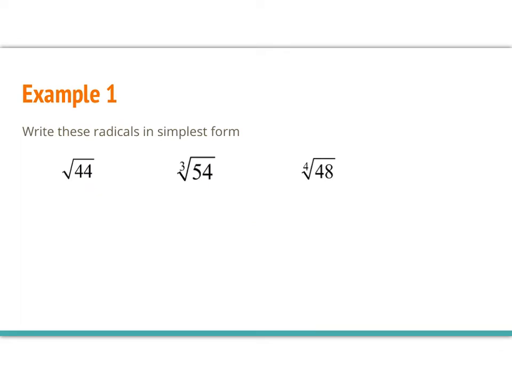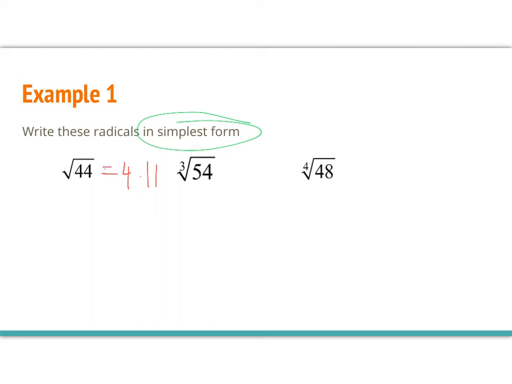So write these radicals in simplest form. Simplest form means we are going to write them as a mixed radical. Okay, so what we could say is that 44 is the same as 4 times 11.